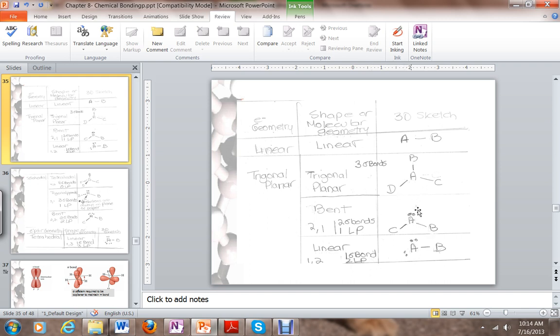Always the lone pair is represented on the plane. You do not represent the lone pairs on the terminal atoms, just the lone pairs on the central atom. So instead of this B atom, you've got a lone pair. So you've got your trigonal planar bent.